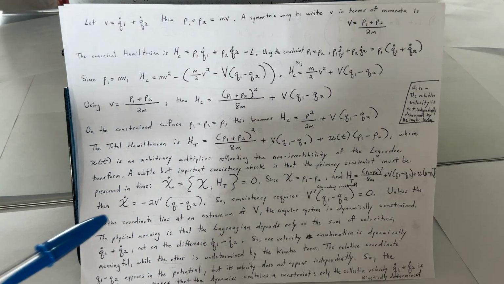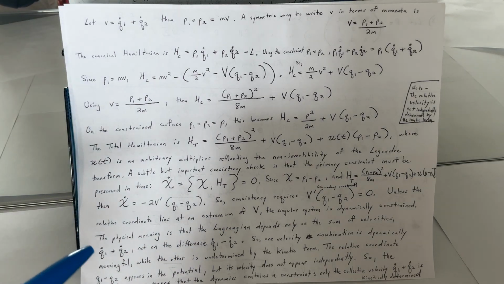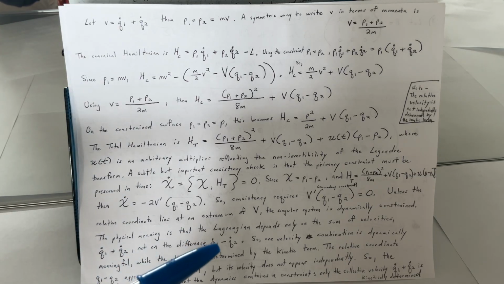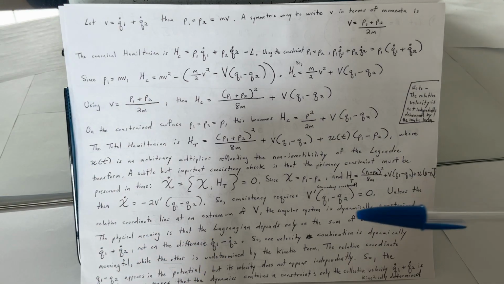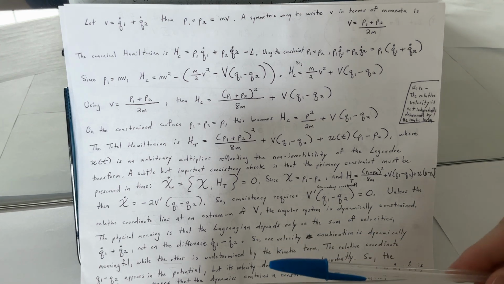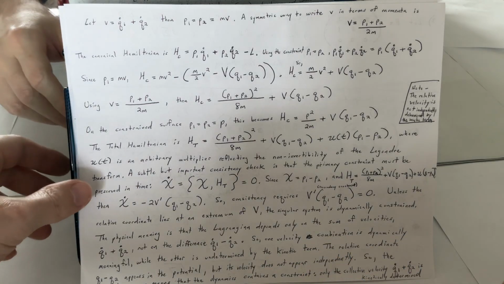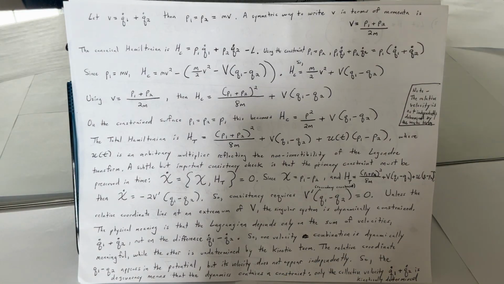The physical meaning is that the Lagrangian depends only on the sum of velocities q1 dot plus q2 dot, not on the difference of them, q1 dot minus q2 dot. So we could say one velocity combination is dynamically meaningful, while the other is undetermined by the kinetic term. The relative coordinate q1 minus q2 appears in the potential, but its velocity does not appear independently.